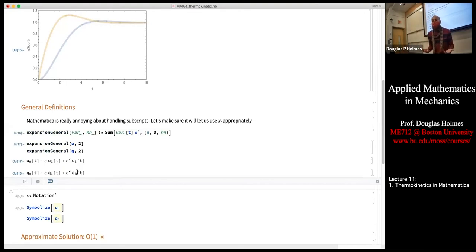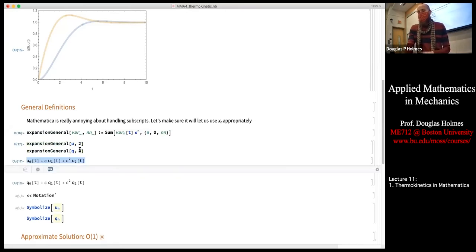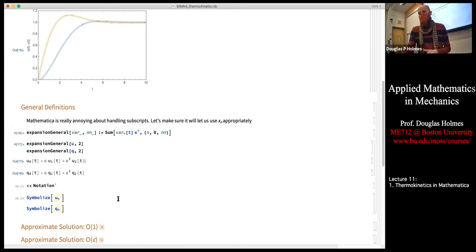If you're solving a system of equations with n different variables, then it's going to be really annoying if you have to define n different functions that all basically do the same thing. So here's a really simple way where you have our expansion and you just tell it, I want to call this one with u, call this one with q. And oops, where did that go? Yeah, there we go.